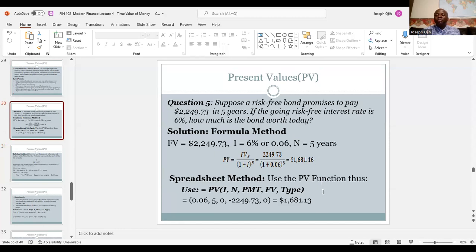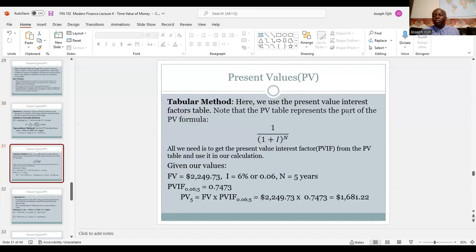The only difference, about 9 cents, is because of rounding error from the table, just a minor difference, which is very negligible. Okay, see, that's how we get present value for an investment, and we can apply it to different examples.